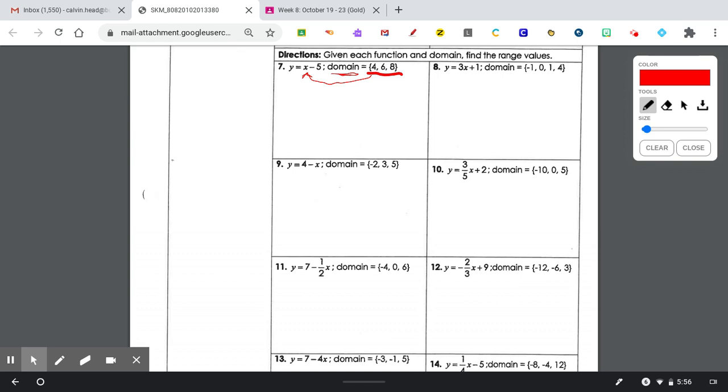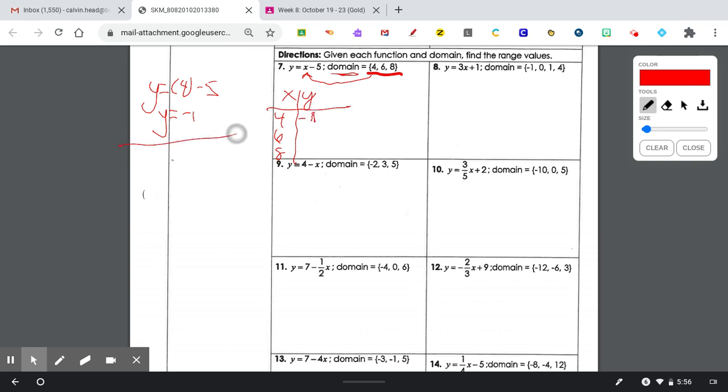So we have y equals 4 minus 5. Well, that gives me y equals -1. So let's write these as a table. The x is 4, 6 and 8. So when I put 4 in, I get -1.